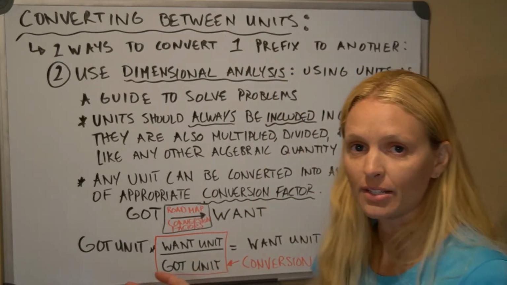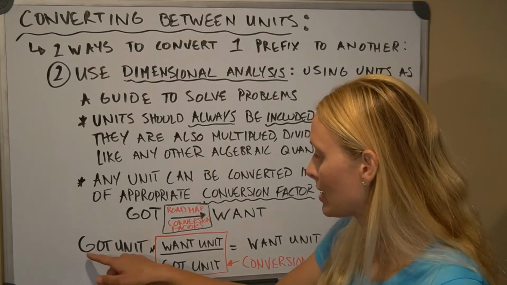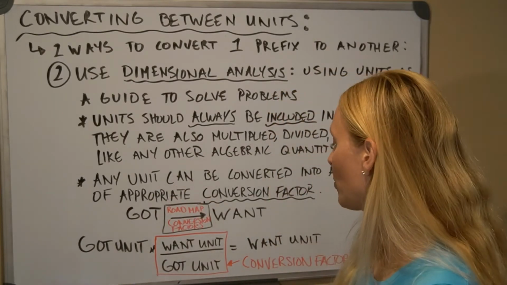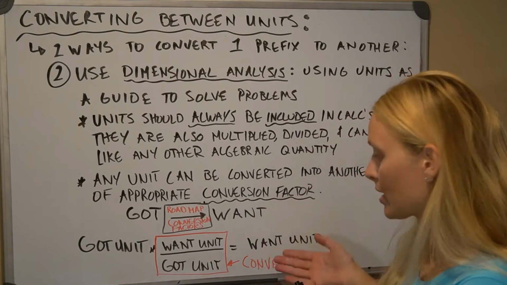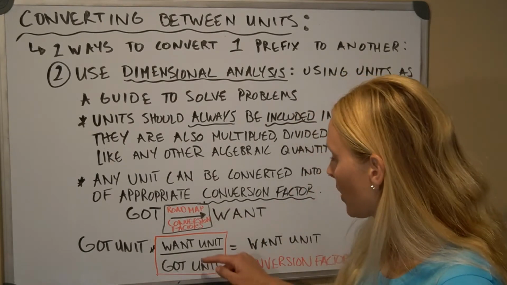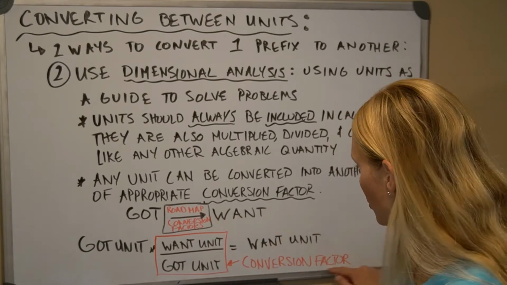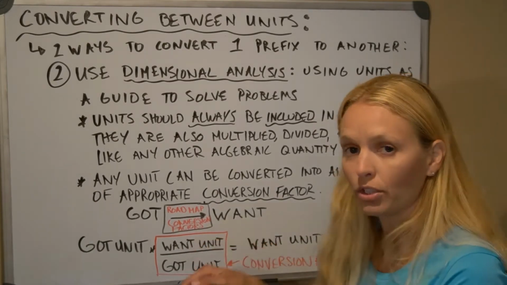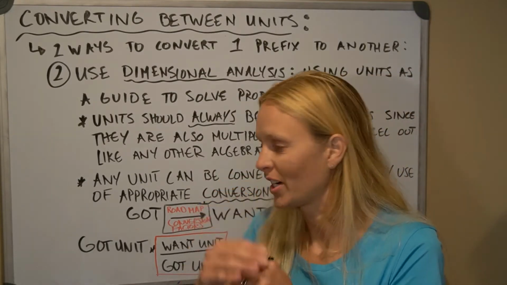Okay, just for an example, we have just kind of like a one-step example. We have a got unit, whatever the unit is that we're given, that we're starting with, and we want to go to some other unit that we want. We need to have a conversion factor that the got unit is equal to the want unit by whatever that measure is.